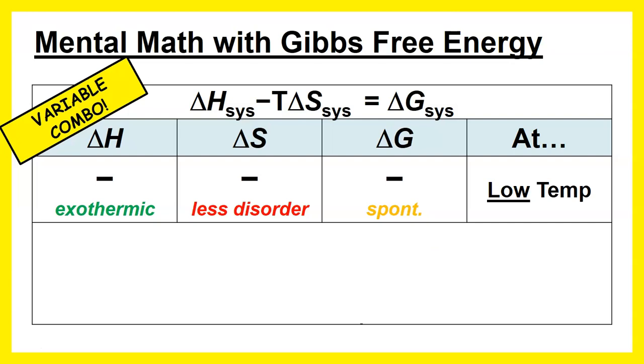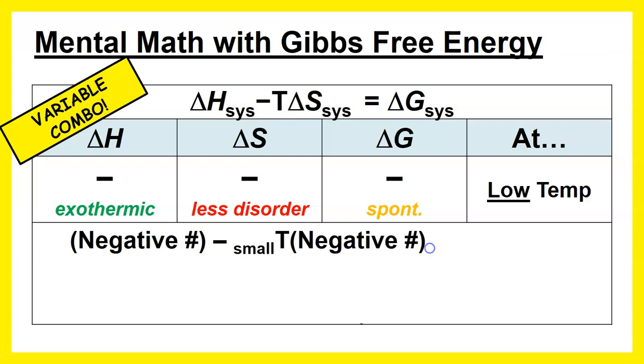So let's walk through the positives and negatives and think about this one. If I'm exothermic, I have a negative number. But I'm subtracting a negative. If I want that to result in a negative answer for delta G, what I have to do is make sure that this second piece is small enough that I don't end up with a positive here.